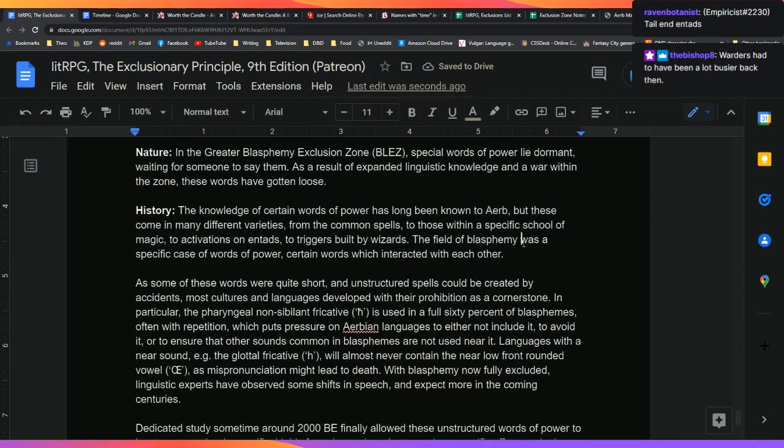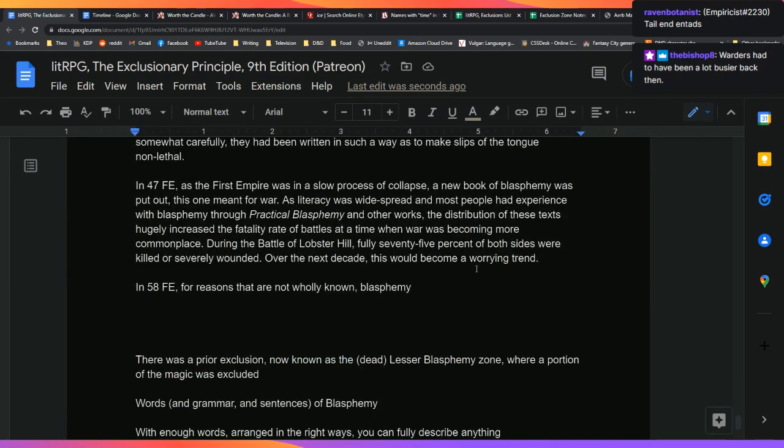I think we just standardized to blasphemy. And it's called curses on the character sheet though. Which is fine. It is fine for them to be different names between the two of them. Okay, yeah.